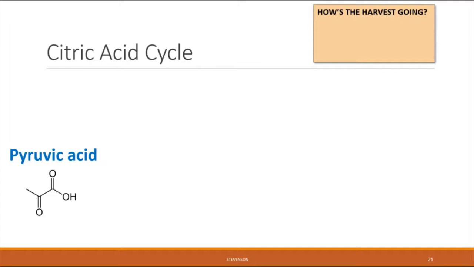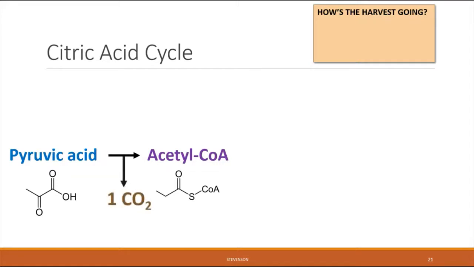So the citric acid cycle starts by taking the 2 pyruvic acid molecules, and each of them is converted into a molecule called acetyl-CoA, which looks like this. In the process of converting them into these molecules of acetyl-CoA, some of the pyruvic acid gets broken off and lost.